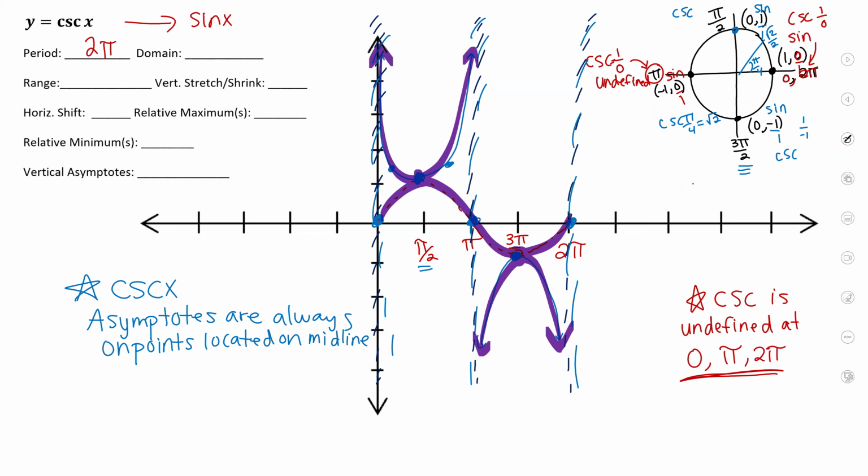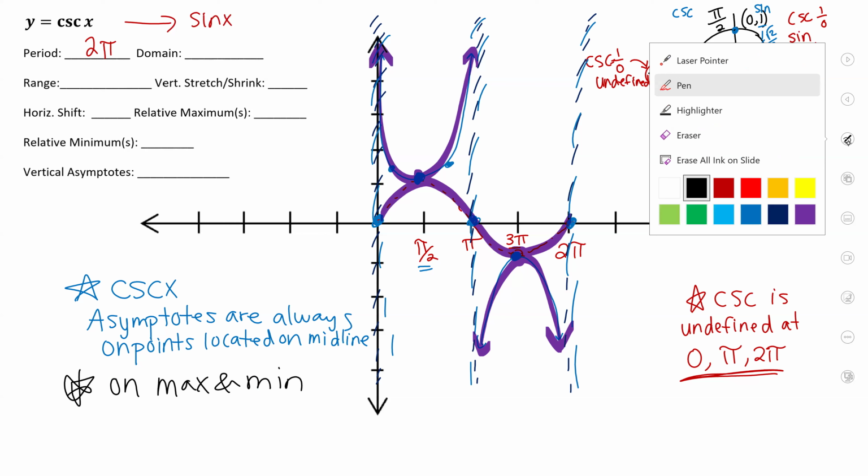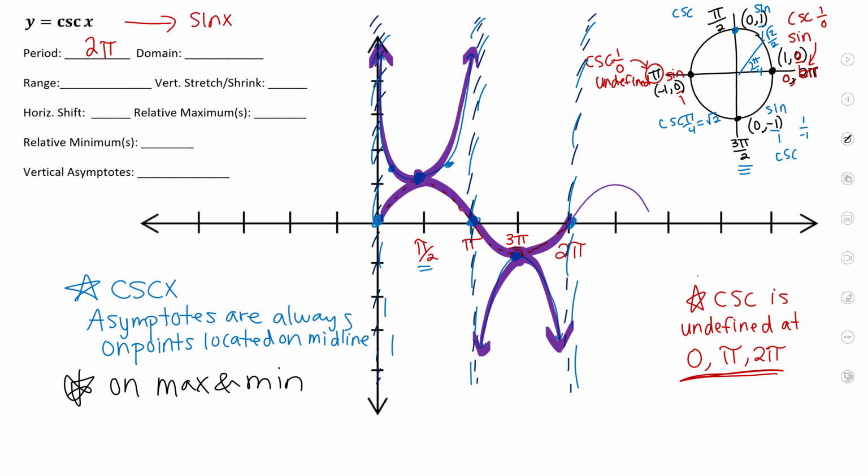When you graph it, it's always on maximums and minimums. And guys, just like the sine function goes on forever, so will your cosecant graph. So you could continue this pattern. It'll just look like this. You can continue it on this side too. It'll look like this.